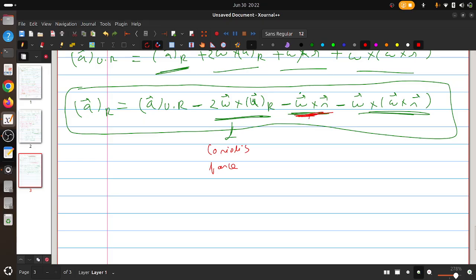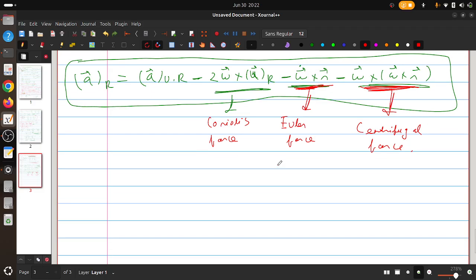This thing here depends only on whether the angular velocity is changing with time, so this is the Euler force, and this thing here is recognized as the centrifugal force. So Coriolis force, Euler force, and the centrifugal force, all forces at once, right?